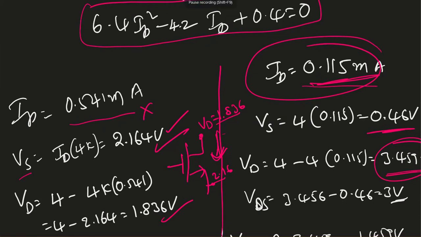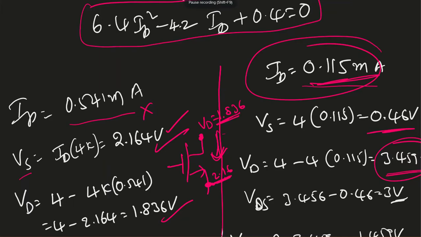Now, to be in saturation mode, you're saying the voltage at this point is 1.836, the voltage at this point is 2.164, and you're saying current is flowing from drain to source. Is it possible? Remember, current always flows from higher potential to lower potential. The source has higher potential, the drain has lower potential.